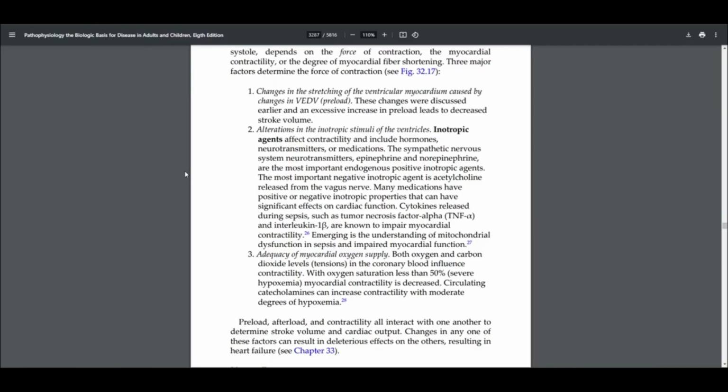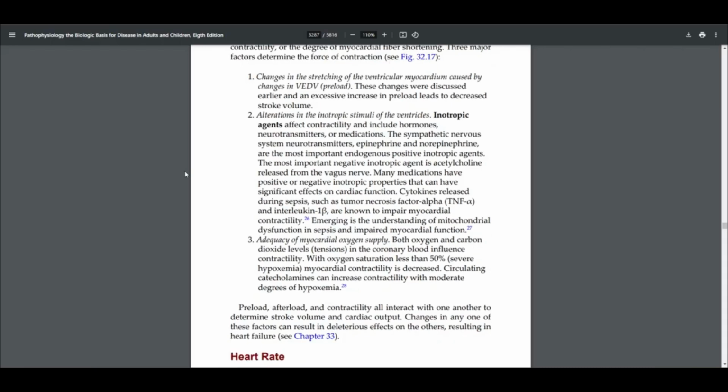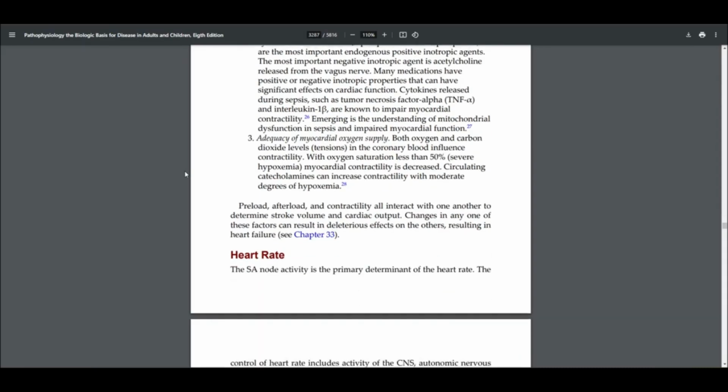Circulating catecholamines can increase contractility with moderate degrees of hypoxemia. Again, the heart is cruel. It wants 70 to 75% of that oxygen. So if we're not oxygenating it properly, we are not giving it the chance to beat properly.